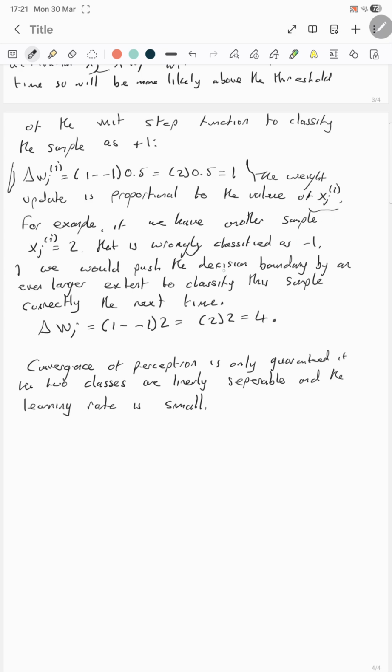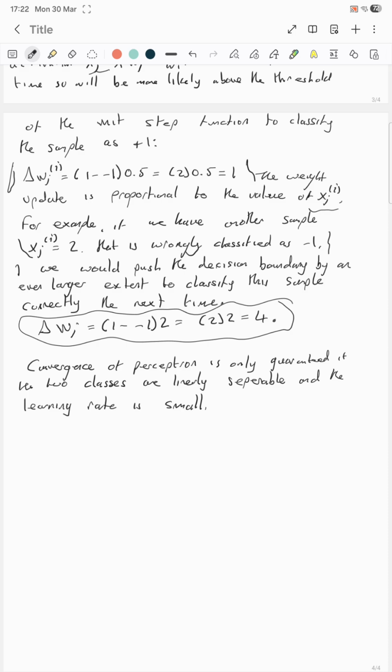For example, if we have a larger sample, xj of i equals 2, that is wrongly classified as -1, we would push the decision boundary to an even larger extent to classify this sample correctly the next time. Hence, there's an example here. Now, convergence of a perceptron is only guaranteed if two classes are linearly separable and the learning rate is small.